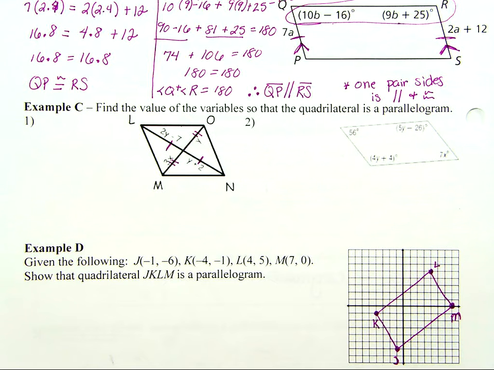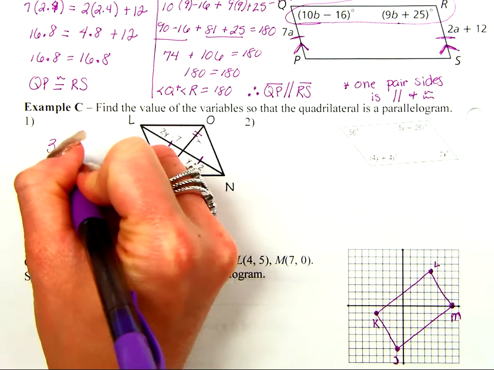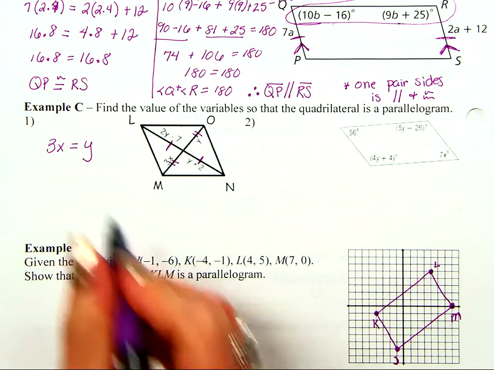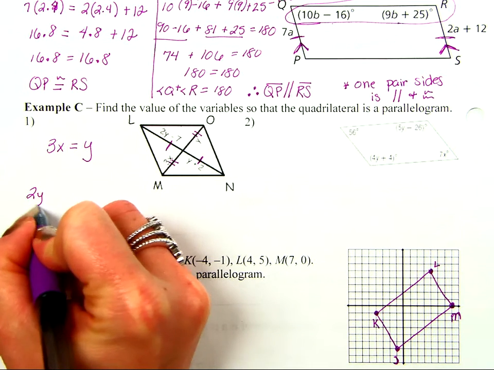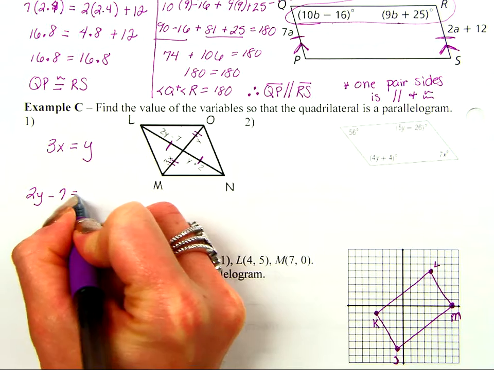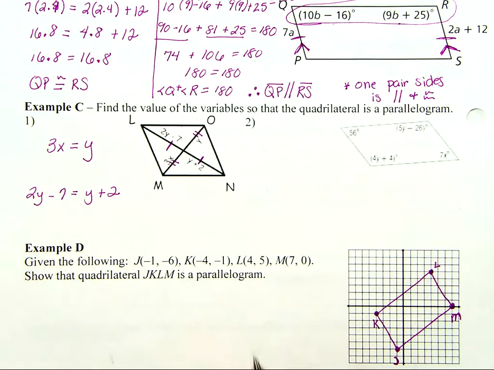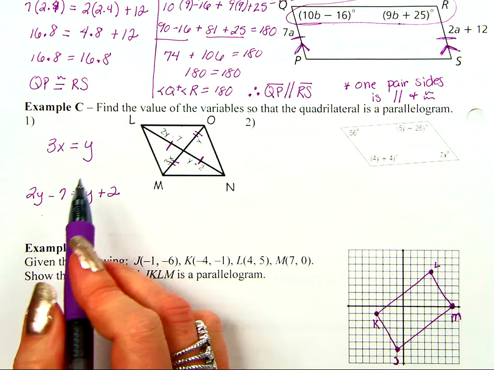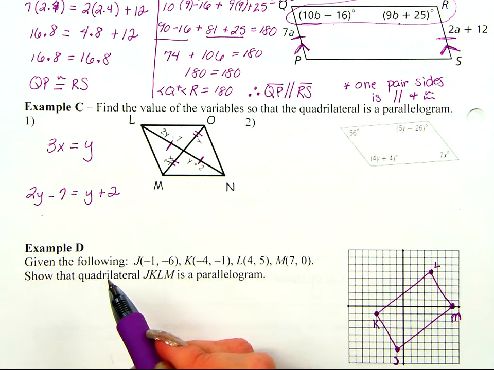Now when I write my equations, I see I have x and y, and a lot of times we have a habit of solving for x first. Well, this gives me 3x equal to y. I can't really do much with that. So let's go ahead and look at the other equation, 2y minus 7 equal to y plus 2. Well, I can see here that I'm going to have to solve for y first and then use that information to solve for x.